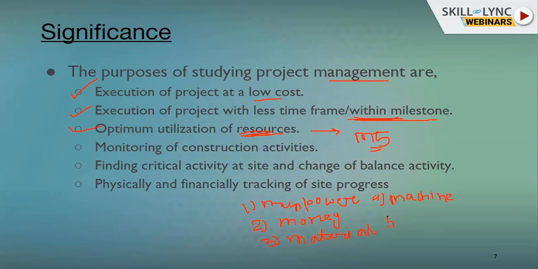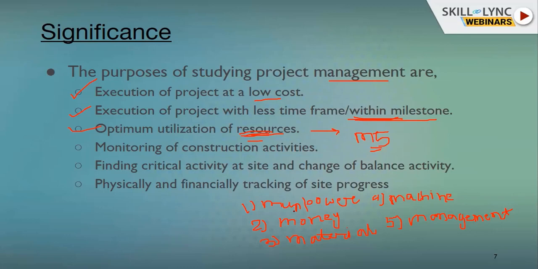And the fifth term, the most important one, is management. These five terms come under the resources part. So remember the M5 terms: money, manpower, material, machine, and management. All of these make up the resources of any particular activity.